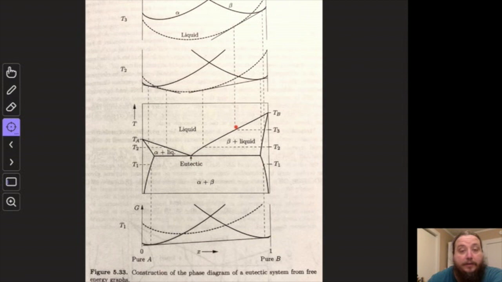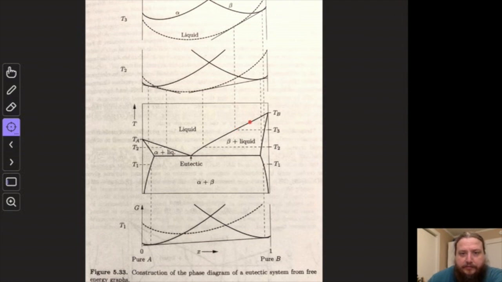first of all, we have to get well below the melting point of B before we split. But then, as we cool off, we will form crystals way out here at a much higher purity level and have liquid way over here at a much lower purity level.